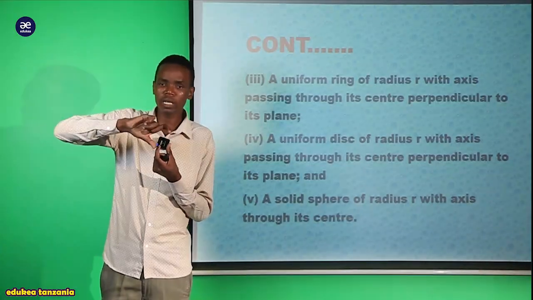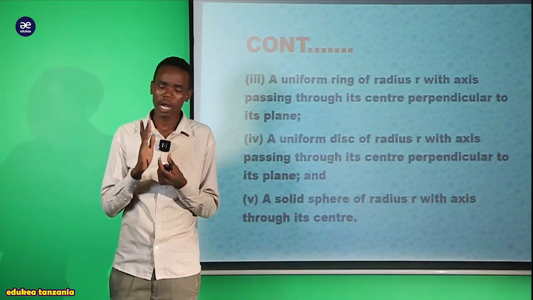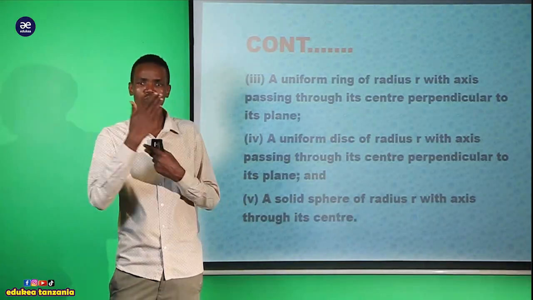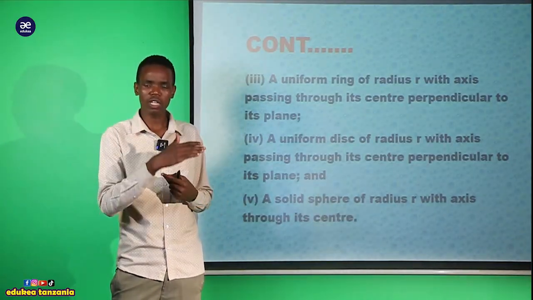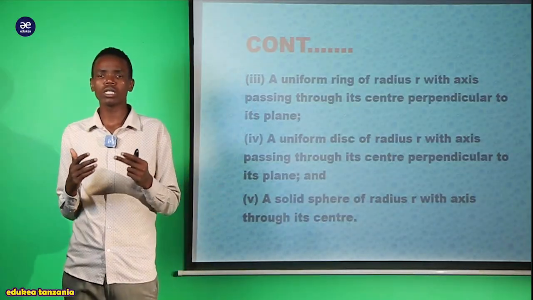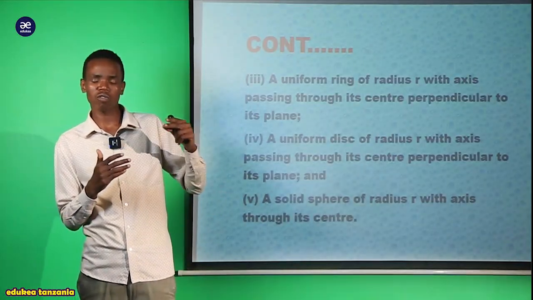Imagine we have the ring, and that ring has the axis of rotation. It tries to rotate perpendicular to the plane. Now, how can we deduce the radius of gyration?